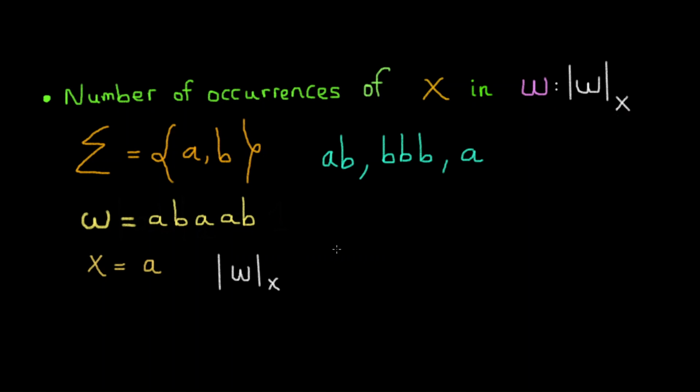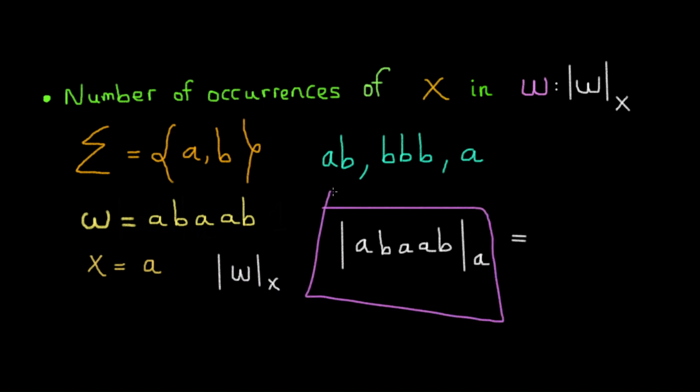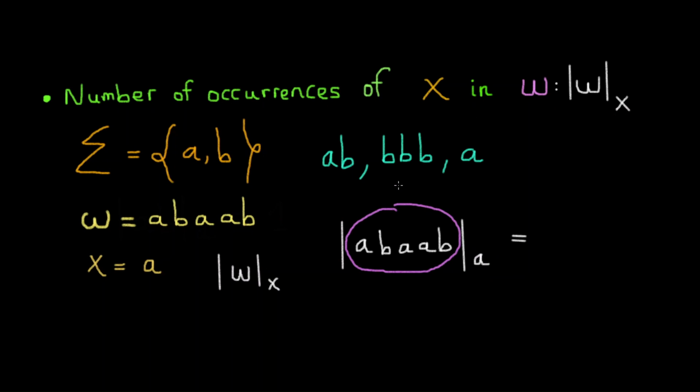And so we write W. In this case, it is the word ABAAB. We use the two vertical bars. And then as a subscript, we write the X value. And in this case, it is the word A. And so this expression represents the number of occurrences of the word A within the word ABAAB.